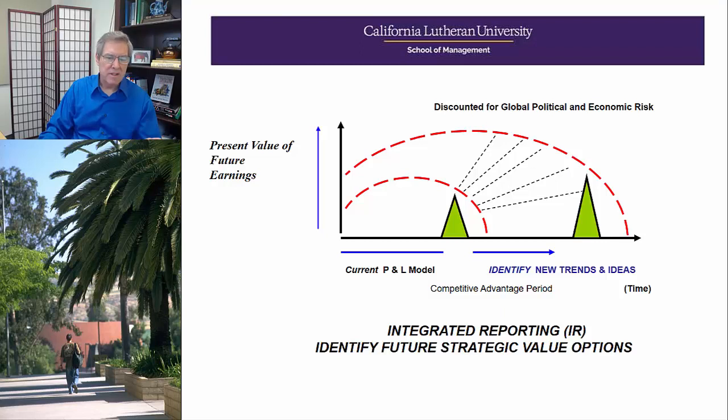Within your current life cycle, the current P&L model, you know exactly what you're doing and how you're operating. But value is generated through identifying new trends and ideas moving into the future. And by valuing these new trends and ideas, the current value of the organization is increased.